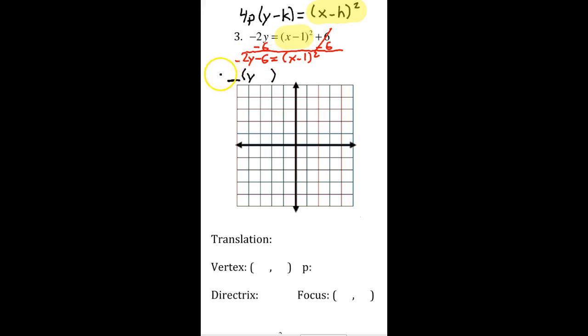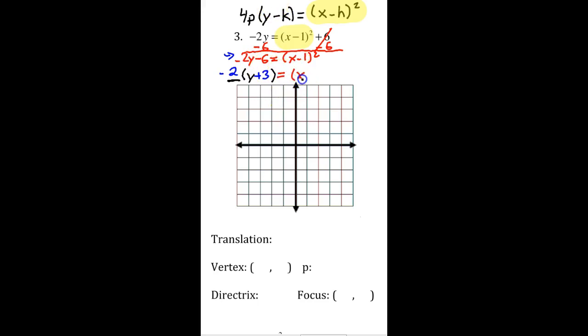Take out a -2 from each of these, and you'll be left with y plus 3 on the inside, because this has to multiply back to this. So -2 times y gives us -2y, and now -2 times +3 is what gives us the -6. So that's how I got 3, because these two have to multiply to the number directly above it. And on the right-hand side, that stays the same.